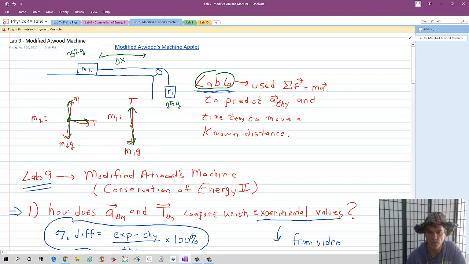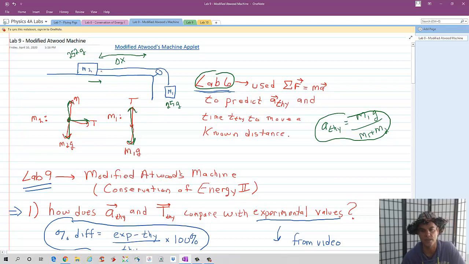Let me remind you, you used Newton's second law to predict that the theoretical acceleration was M1 g over M1 plus M2. This was the acceleration of the wireless cart to the right and the acceleration of the hanging mass straight down.